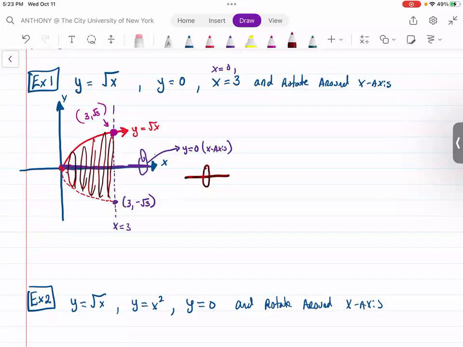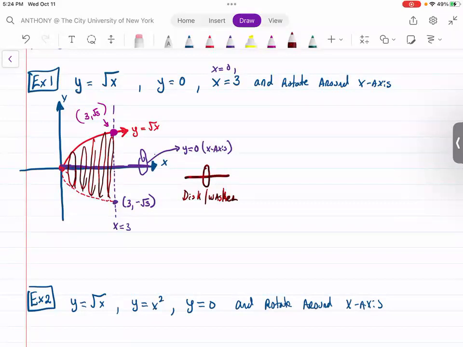So anytime that the axis of rotation, whatever axis you're dealing with, looks like it's perpendicular to your disc, then you use the disc or the washer, right? So this implies disc or washer. Now I can use either one. If I use either, I still get the same answer, right?